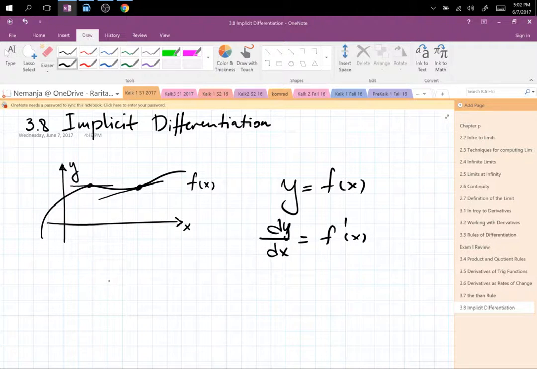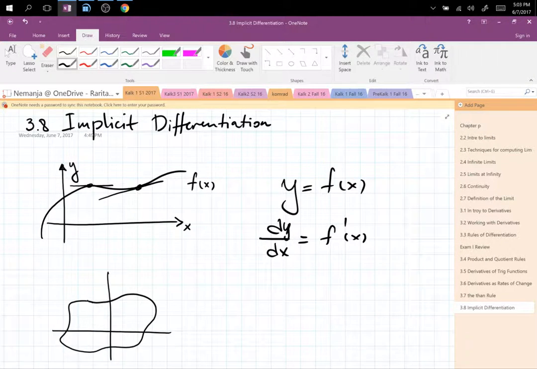But then, when you are in the xy plane and you have a different kind of shape, that is definitely not a function because it fails the vertical line test, this thing still has tangent lines. That's also a tangent line.